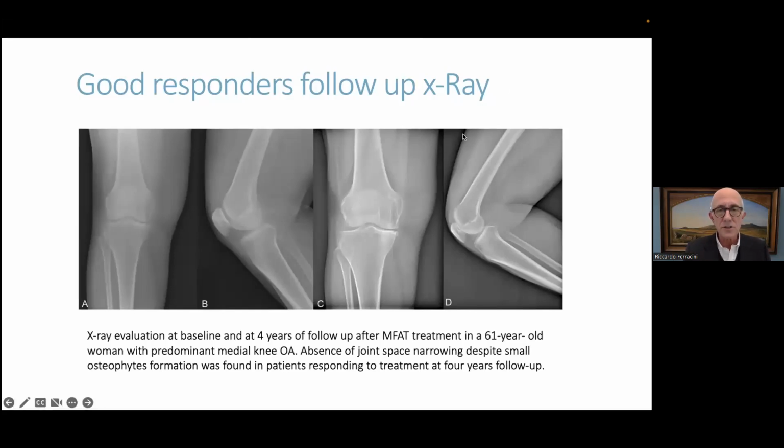Good responders always have this follow-up, so we are collecting them. We're trying to set up a program to scientifically evaluate the difference at time 0, 4 years after treatment, and 5 years after treatment, and we are collecting results.